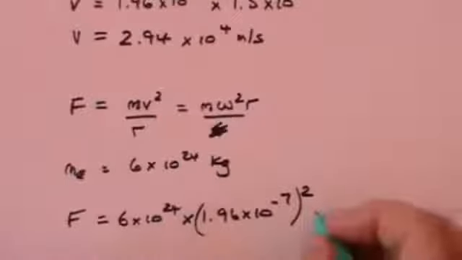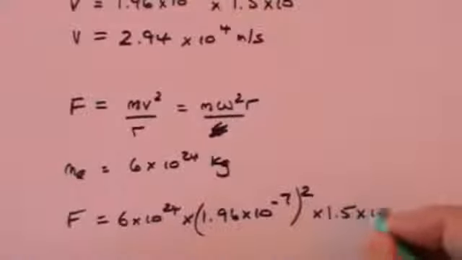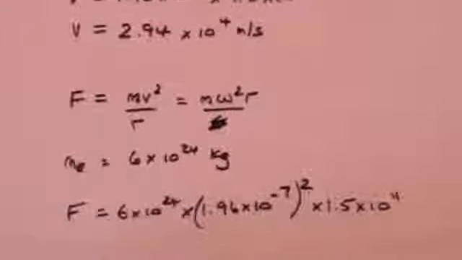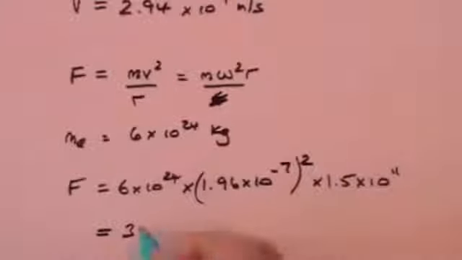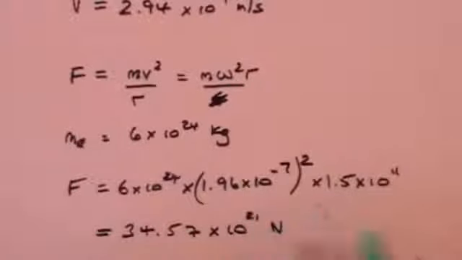So now we multiply that by 1.5 times 10 to the 11. And that all comes out at 34.57 times 10 to the 21 newtons.